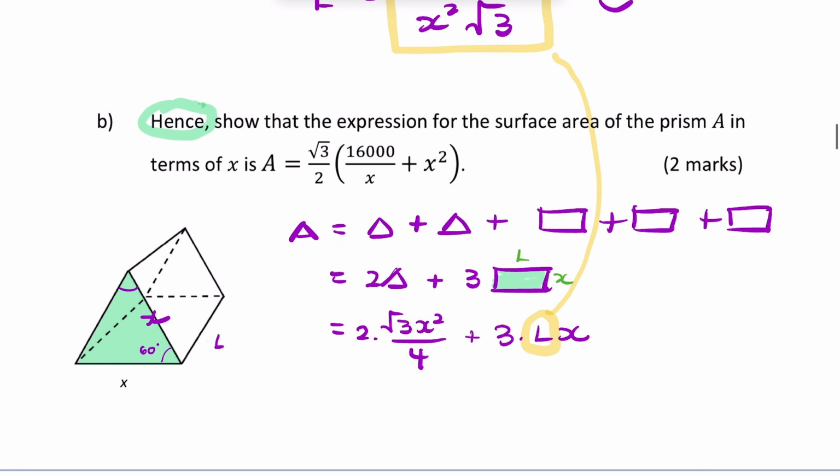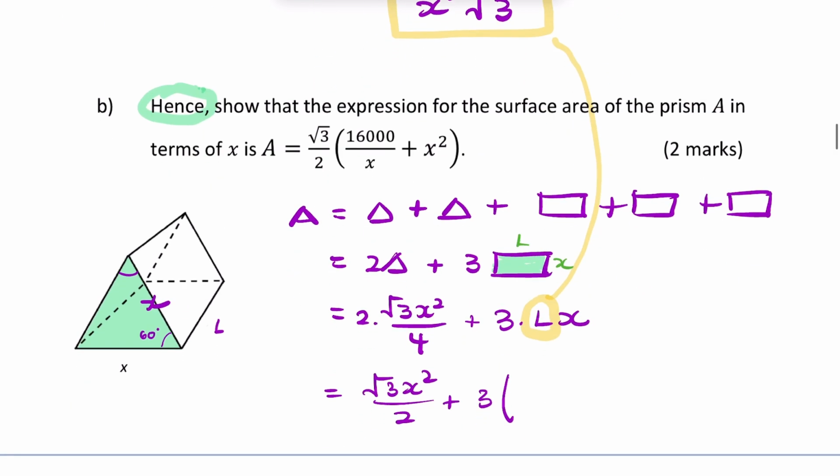So we can say this is equal to root 3 x squared over 2 plus 3 times 8,000 divided by x squared root 3.